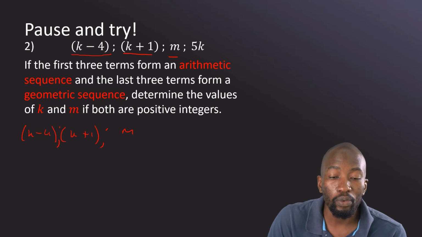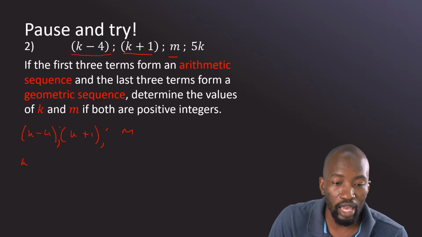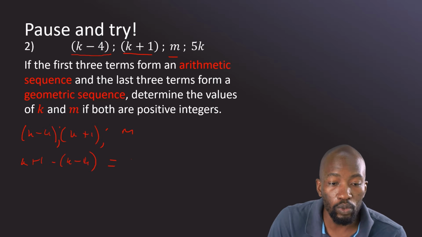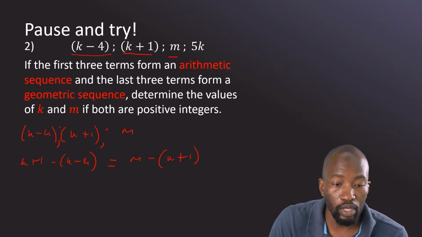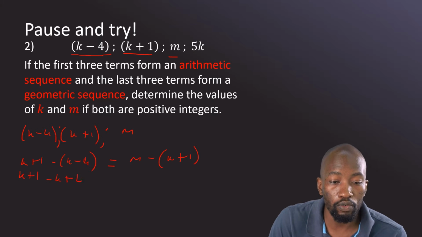For arithmetic, we know we have a common difference, right? So T2 minus T1, so I'll say k plus 1 minus (k minus 4). This must be equal to m minus (k plus 1). Then this will be k plus 1 minus k plus 4 is equal to m minus k minus 1.